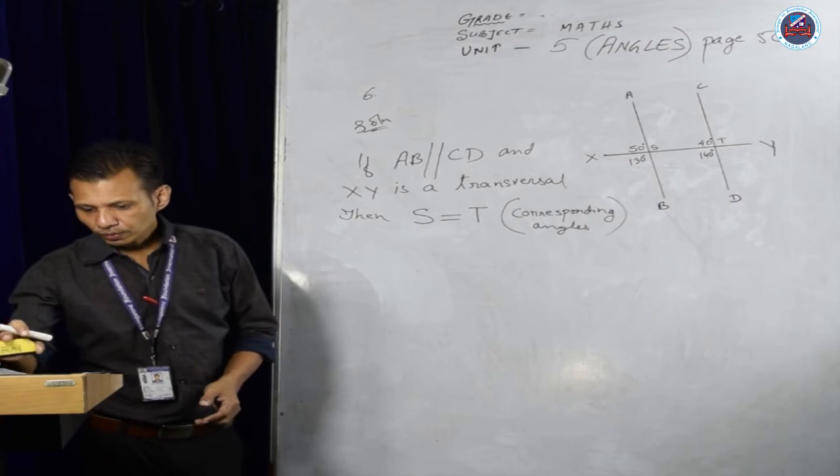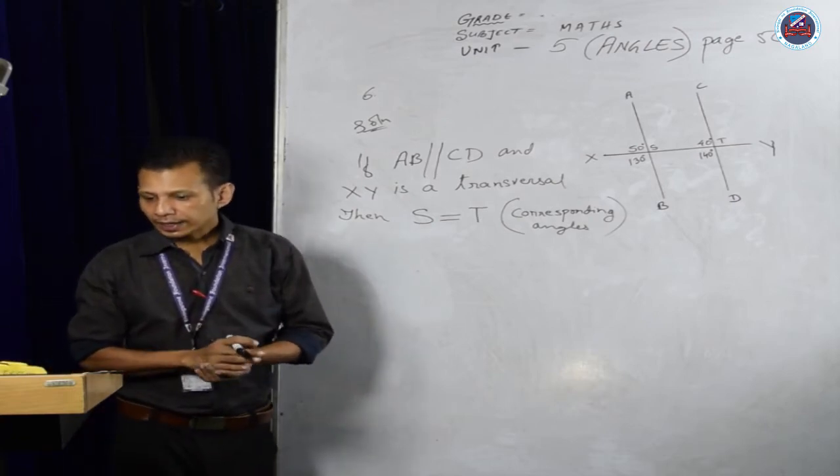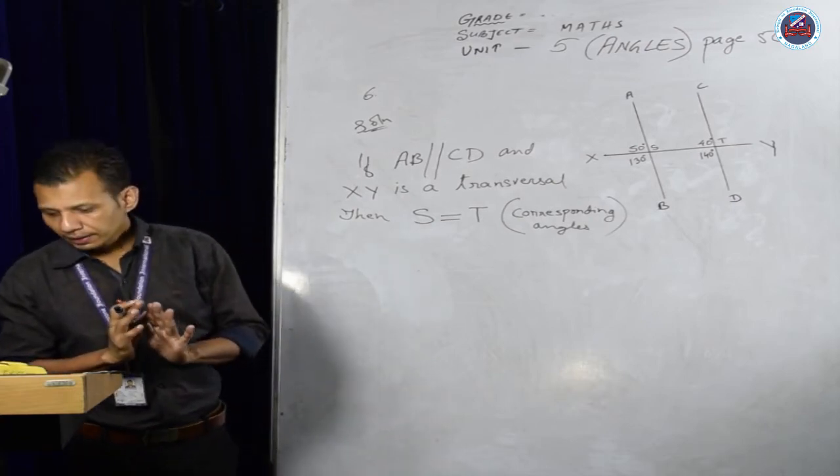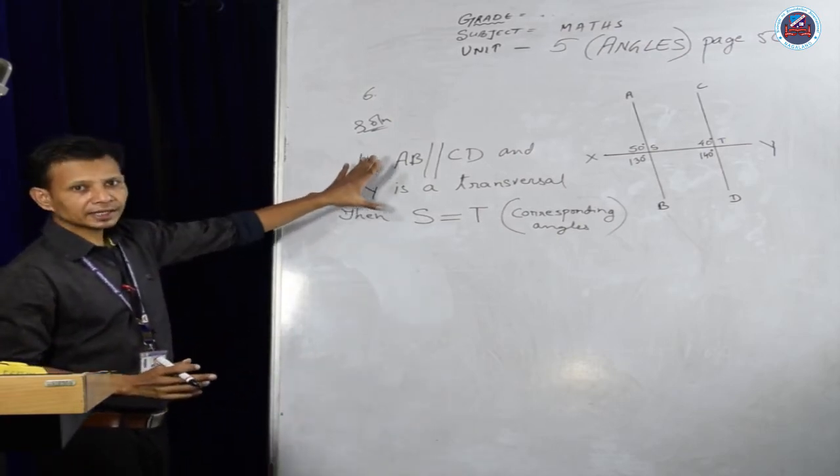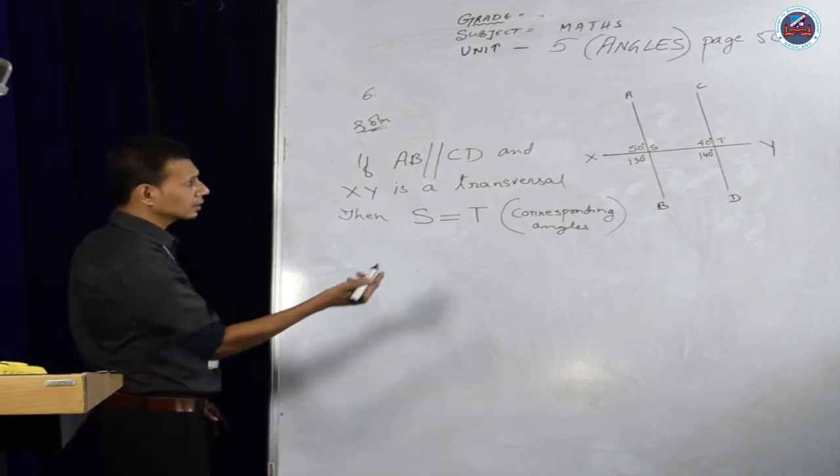The question says explain why AB and CD cannot be parallel lines.